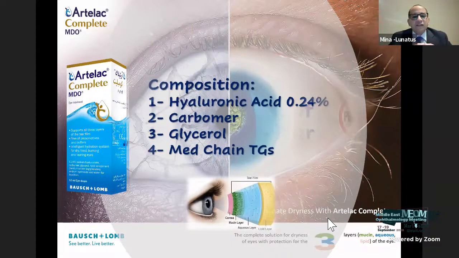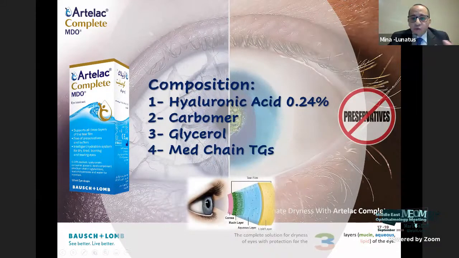Also, Artilac Complete is composed of hyaluronic acid 0.24% to support the aqueous layer of the tear film, in addition to carbomer to support the mucin layer to improve the bioadhesion, and glycerol plus medium chain triglycerides to support the lipid layer and reduce evaporation. And also Artilac Complete is preservative-free and buffer-free.